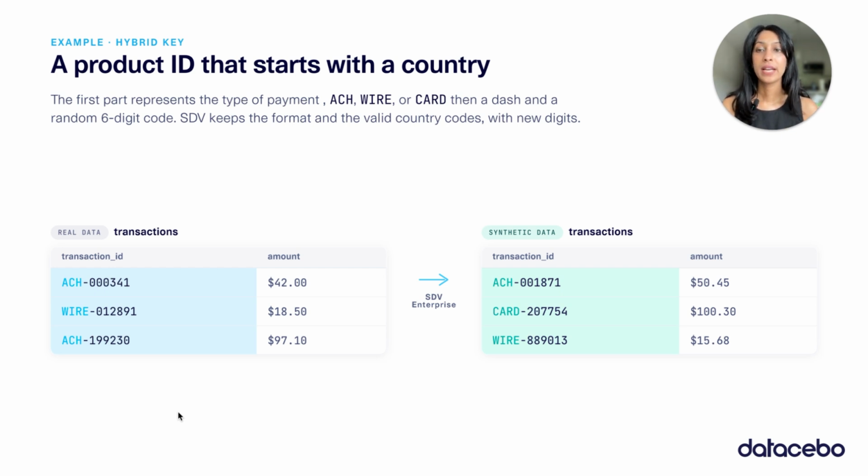In this case, SDV Enterprise automatically detects the format of this column and the fact that the first few letters are special. Then it creates synthetic data. It makes sure that only valid payment types are represented, but then it follows it up with some random new 6-digit surrogate values. And that's how it represents new synthetic transactions.